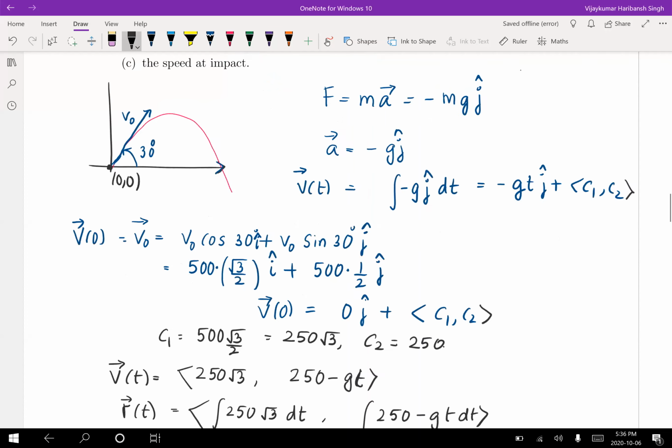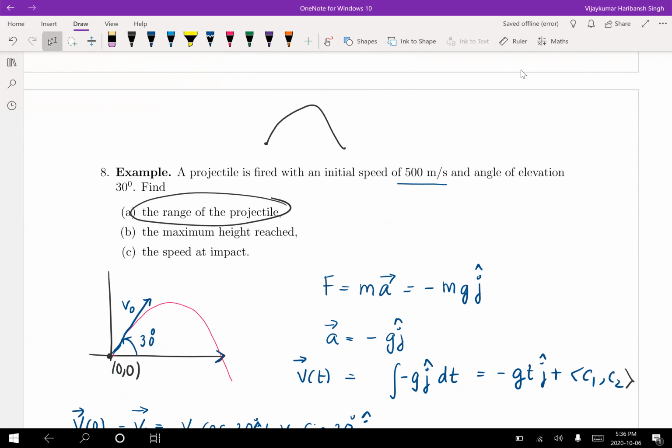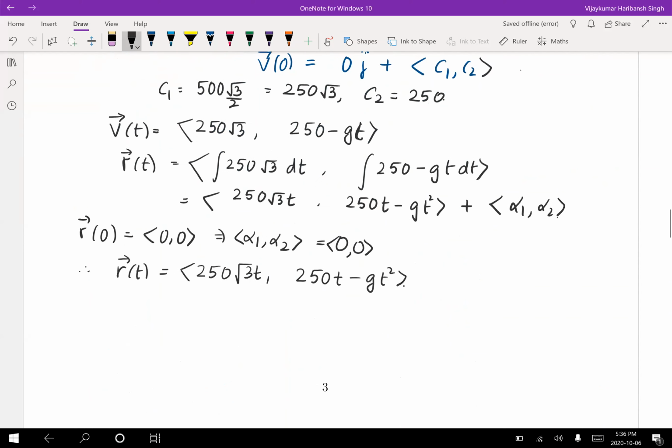So now the first question is, what is the range of the projectile? To compute the range, we have to see when the y coordinate becomes 0 again. So at impact, this becomes equal to 0. We have 250t minus gt squared equals 0.